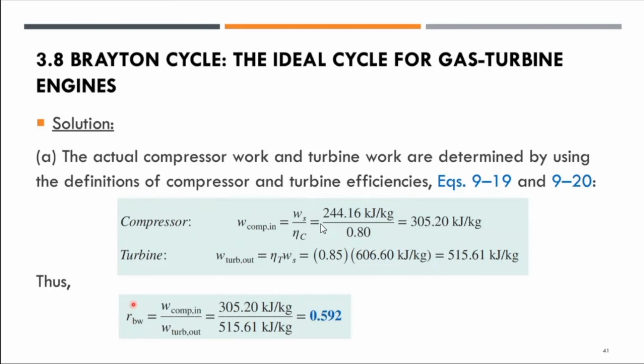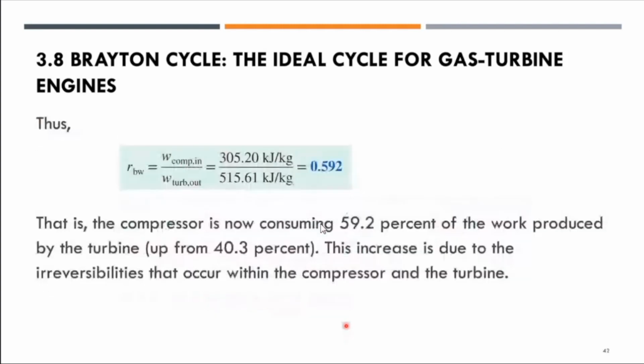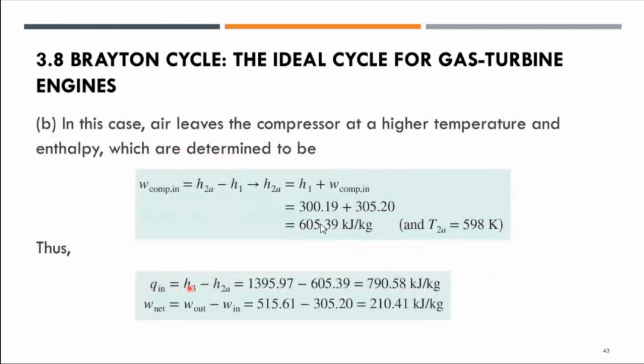So the back work ratio, RBW, for this case is 0.592 or 59.2%. Right? So the compressor is now consuming 59.2% of the work produced by the turbine, up from 40.2%. This increase is due to the irreversibilities that occur within the compressor as well as the turbine.